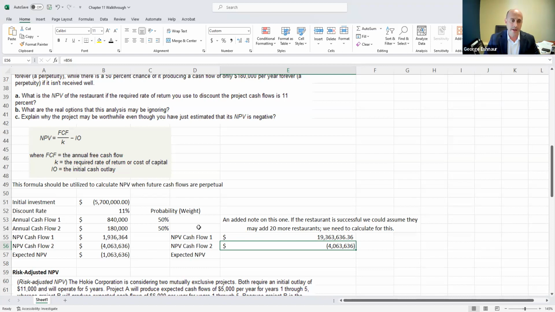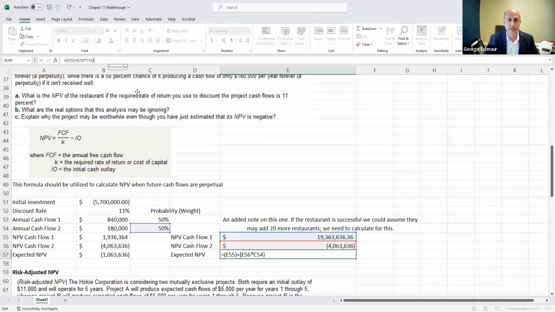But this dramatically, right? You can see here, dramatically changes the net present value when you add more revenue producing cash flow restaurants. But what we have to do here is to figure out the expected net present value now. We have this amount. And since we've already probabilitied the weight, we just take this by 20.